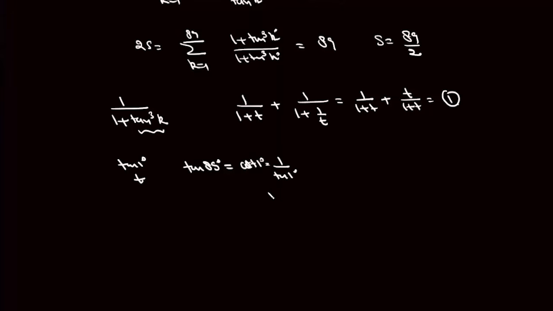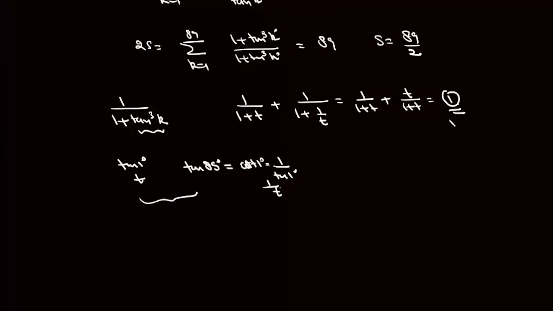So if this is t, then this is 1 by t. So here for 1 and 89, this sum will be 1. For 2 degrees and 88 degrees, it'll be 1. So we have these pairs from 1 to 44, for which we'll have a corresponding 1 upon t.